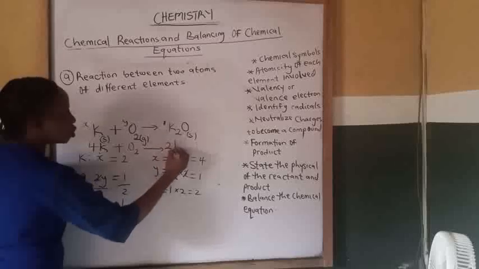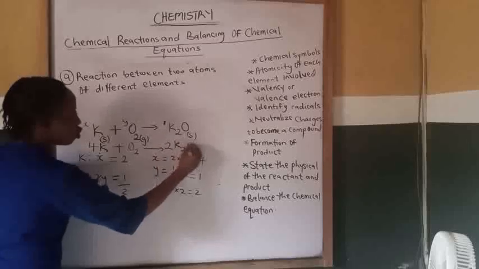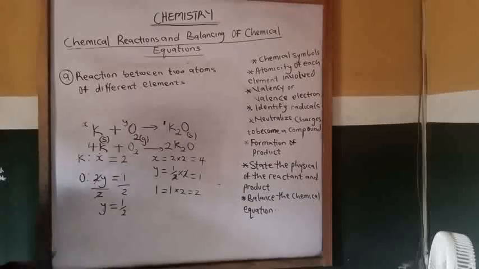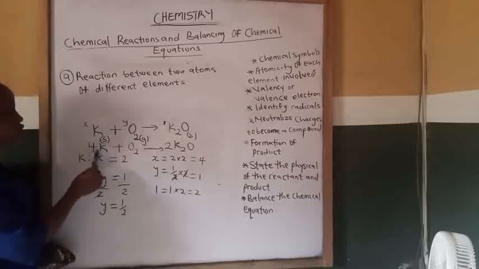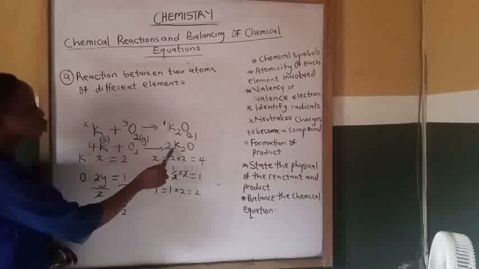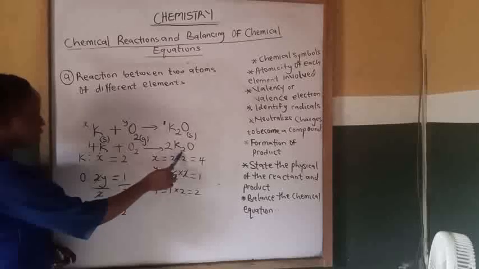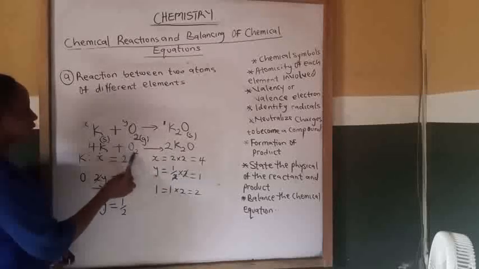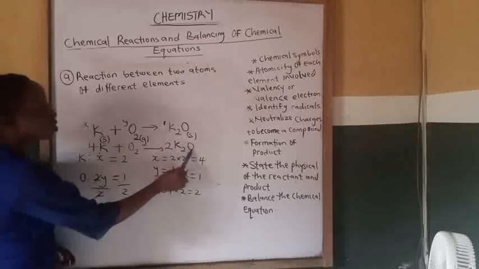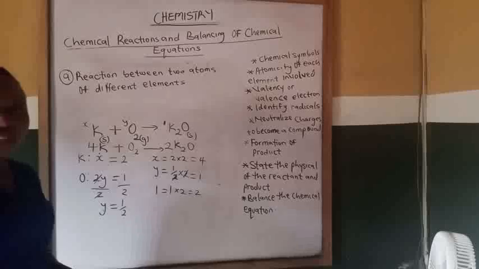It will now be 2K2O. Now let's check if our equation is balanced. How many potassium? 4. So how many on this side? 2 times 2 equals 4. Then how many oxygen on this side? That is 2. Then how many oxygen? 2 times 1 equals 2. So our equation is balanced.